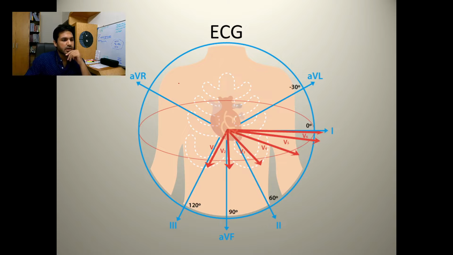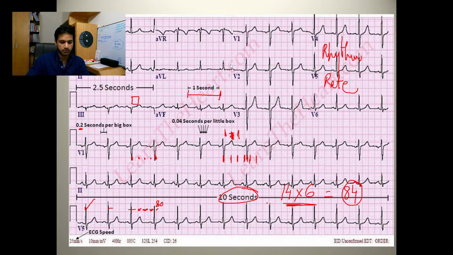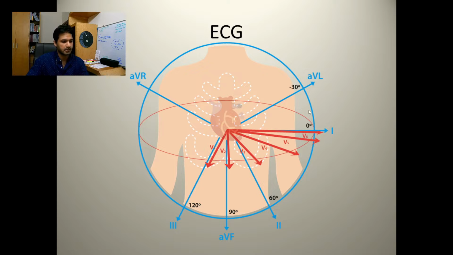Now these are the leads which are used in the ECG. For example, when we go back to the strip, we see that we have lead 1, 2, 3, AVR, AVL, AVF, V1 to V6. Over here, we can see that we have 1, 2, 3, AVL, AVR, AVF, and the chest leads, which are V1 to V6.